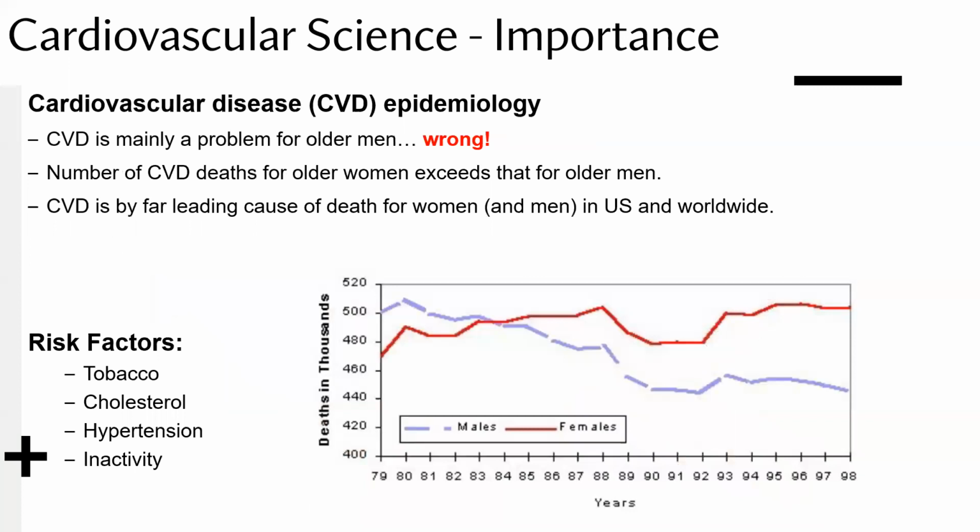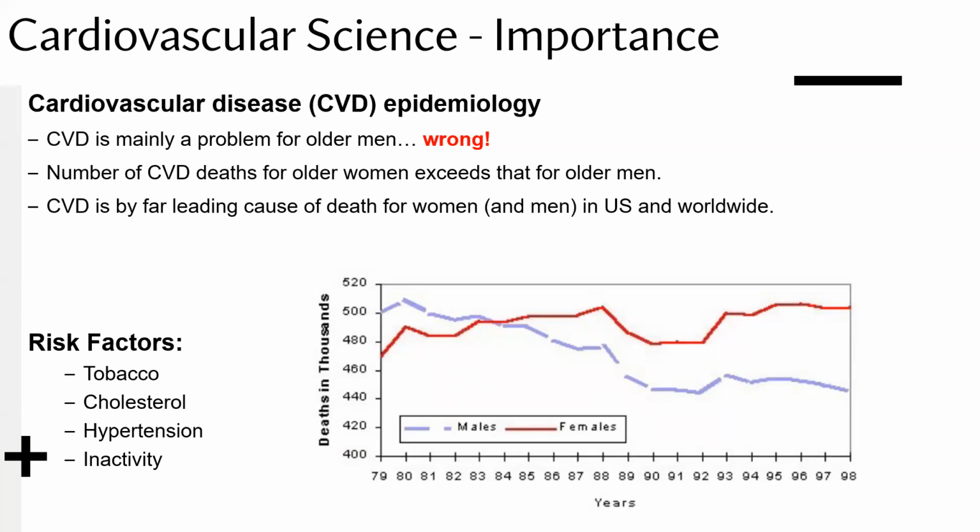Another thing that's wrong is the belief that it actually influences older men more than women. As you can see, it influences both populations, actually more so often for women. And again, it is the leading cause of death for both women and men globally.